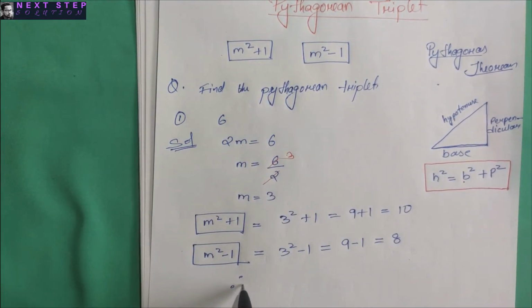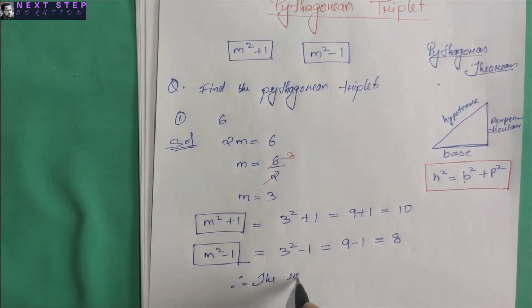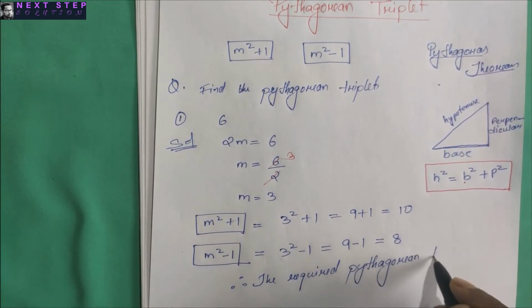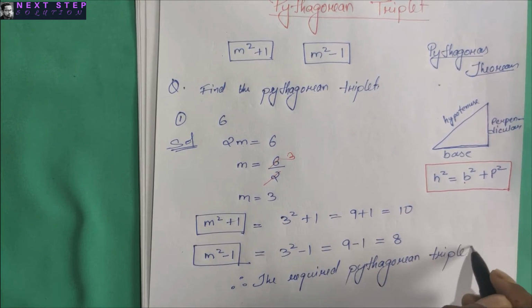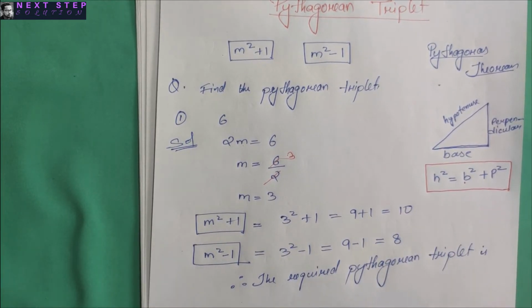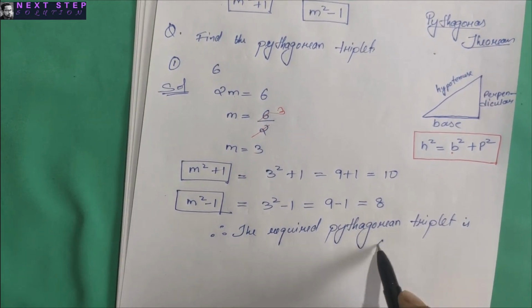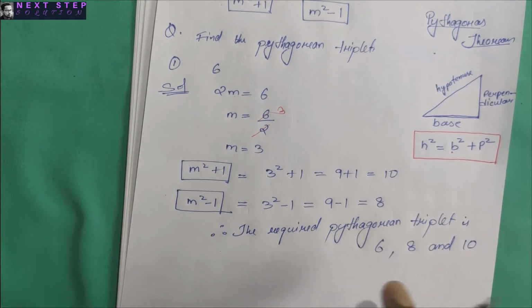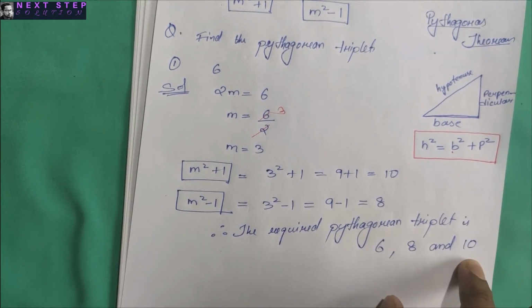So therefore, the required Pythagorean triplet is 6, 8 and 10. 6 they have given, and the other two numbers are 8 and 10. Together they are called the Pythagorean triplet.